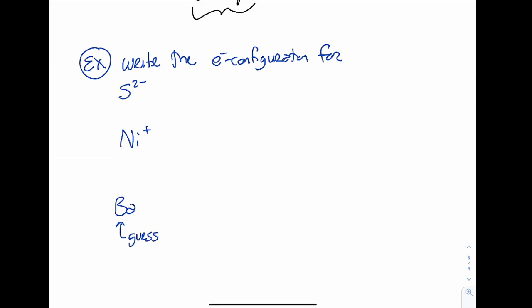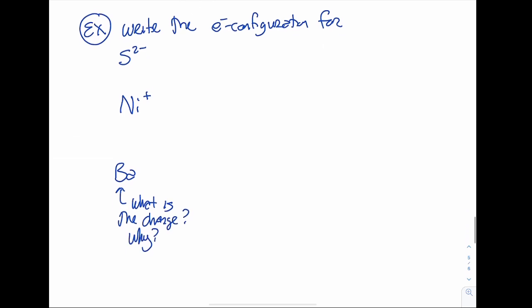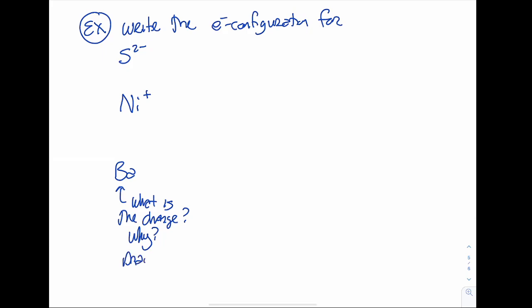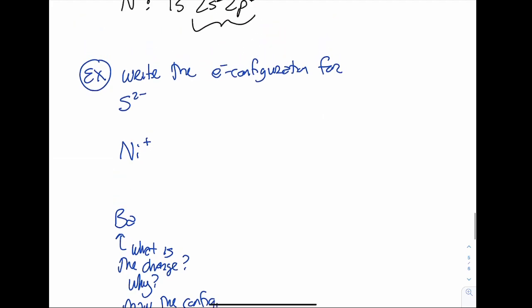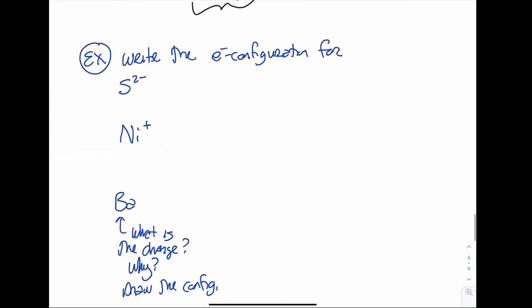You're not guessing because I just told you why it is. So what is the charge? Why? And then draw the configuration. For all of these, I really would like you to try them on your own. So please hit pause, draw these electron configurations, and then when you're ready to check, hit play again.